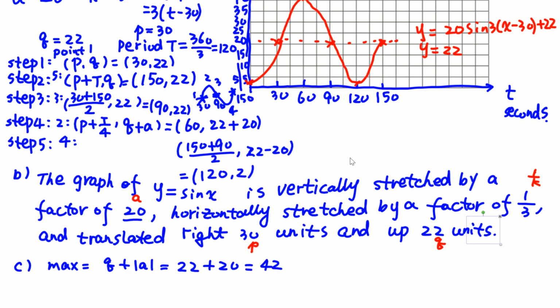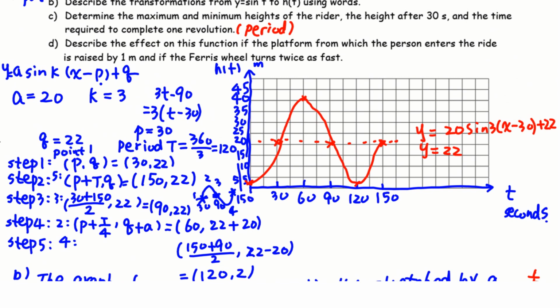And the minimum is from the middle down, the amplitude. So minimum equals the middle, Q, take away the absolute value of A, so take away the amplitude. 22 minus 20 gives you 2. Then the period, we know that is 360 divided by K.